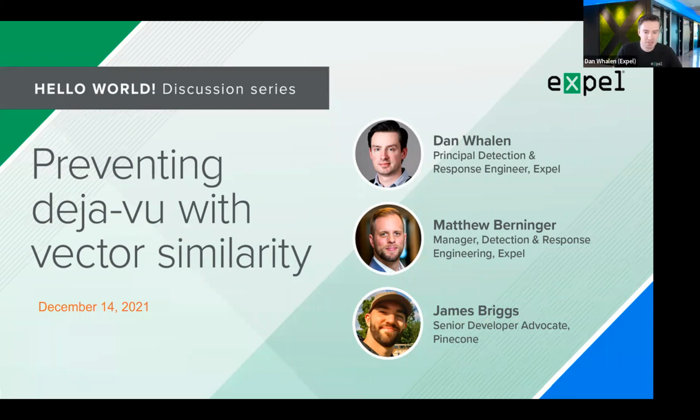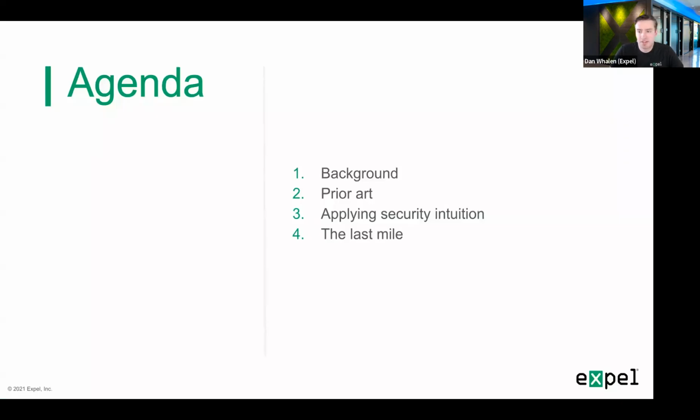All right, thanks, James. Let's get into it. So I wanted to give you all a sense for what you're in for today. So today we're going to talk through how we've applied some data science techniques to help with some of our security use cases at Expel. And although we're going to talk about our specific problems, our specific use cases, we wanted to cover the topic in a way that was generally applicable.